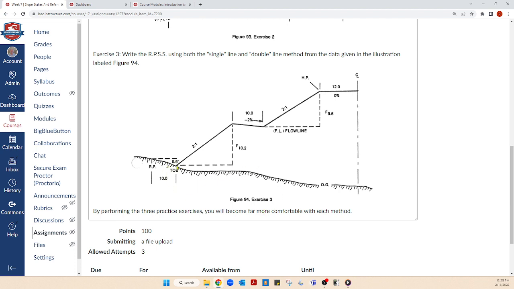If I'm going from here, and that's the most important one to get single lines, what is this dimension right here? Well, the vertical is 10.2 and it's a 2 to 1, so 10.2 times 2 equals 20.4.